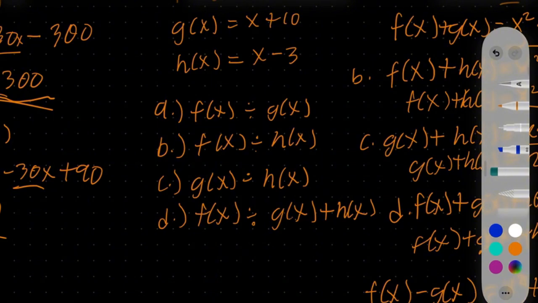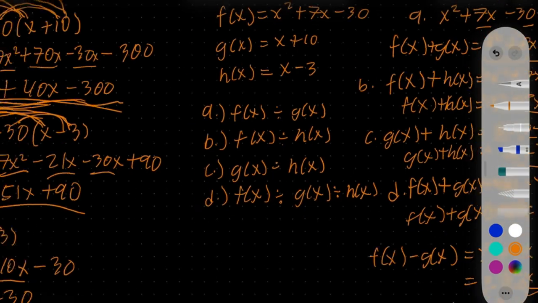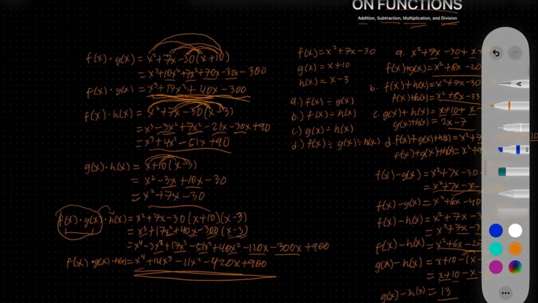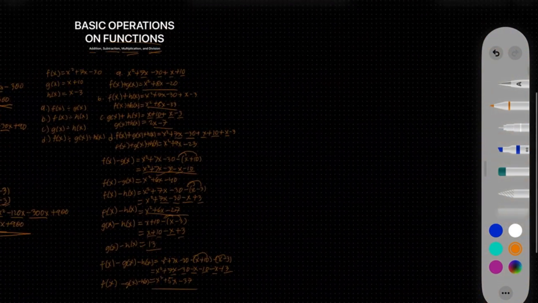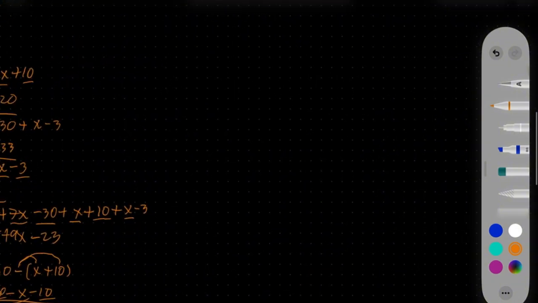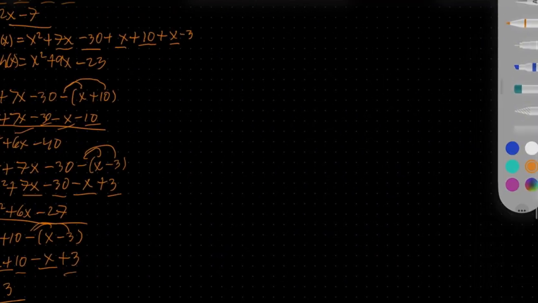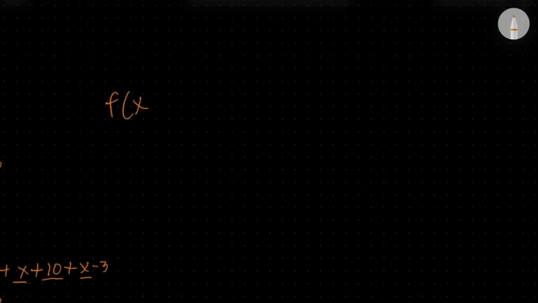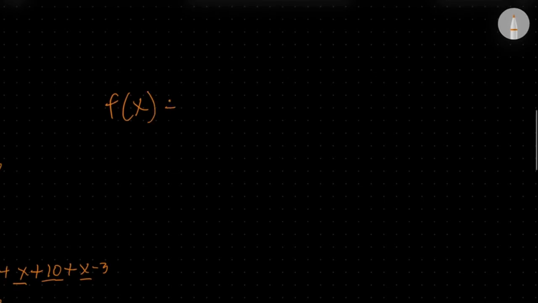Oh, I forgot this one. Why did I notice it at the last part? Anyway, let us divide them, okay? I'll first go with f of x divided by g of x.